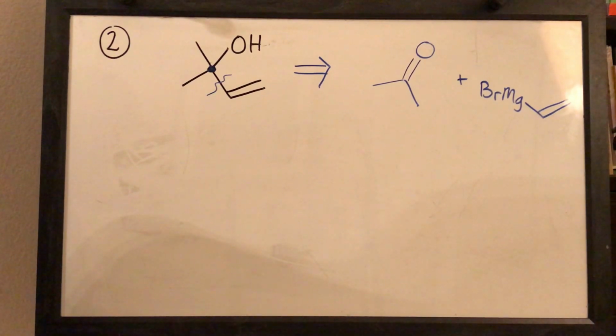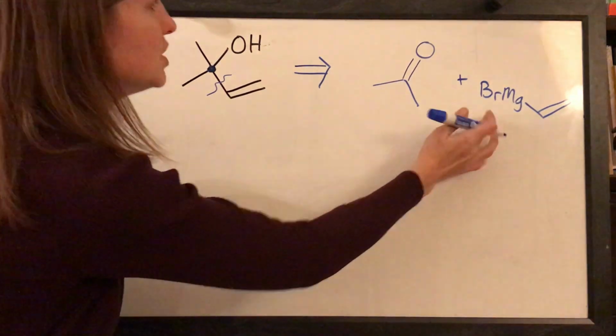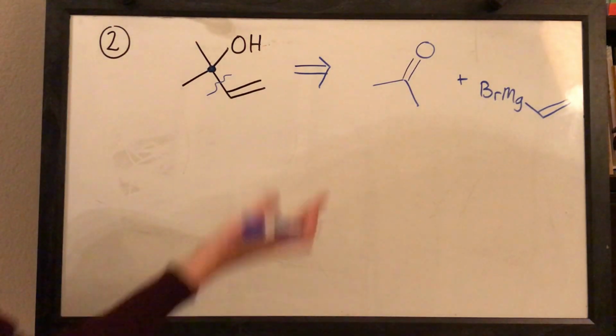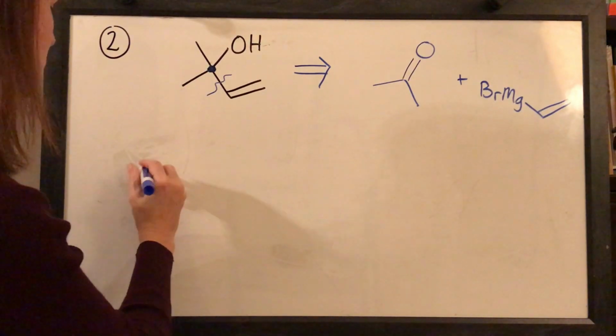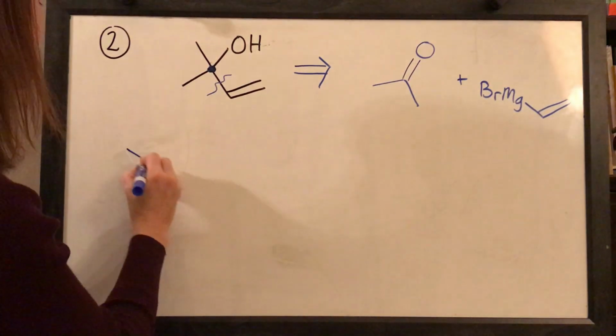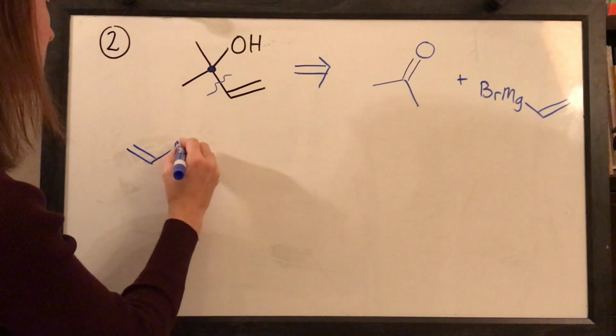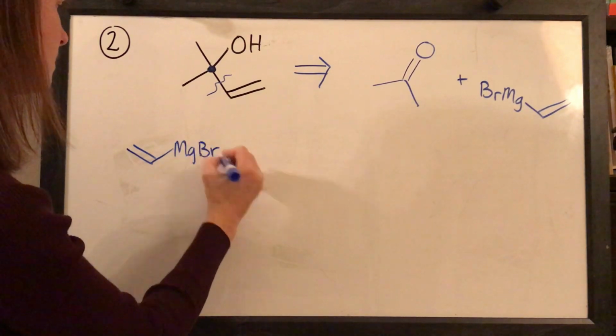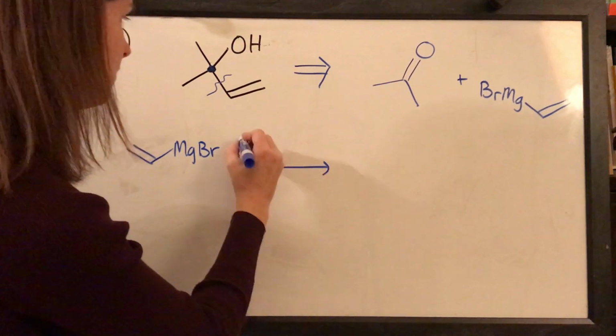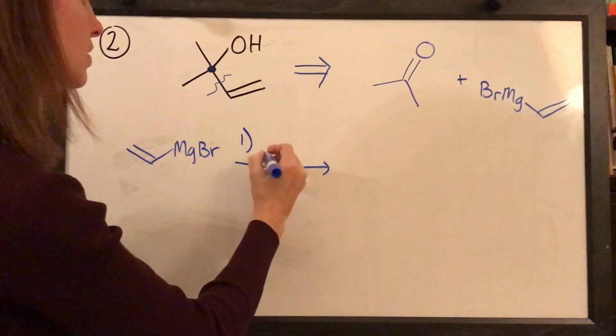Okay, now the question said that I just need to do this starting with a Grignard reaction. So I don't have to show how I make the Grignard reagent, I just have to show the forward reaction. So once I piece it all together, I would just write the forward reaction. I would say something like this. Here's my Grignard reagent. First, I would add my carbonyl compound.